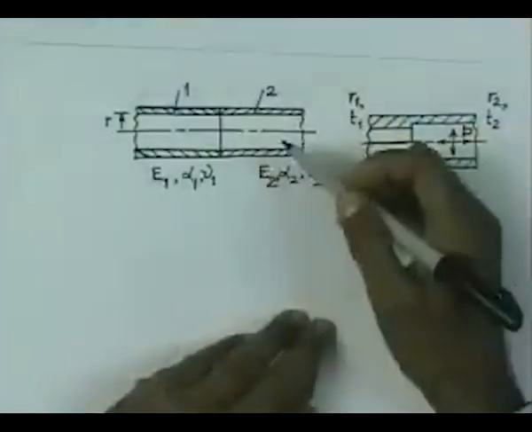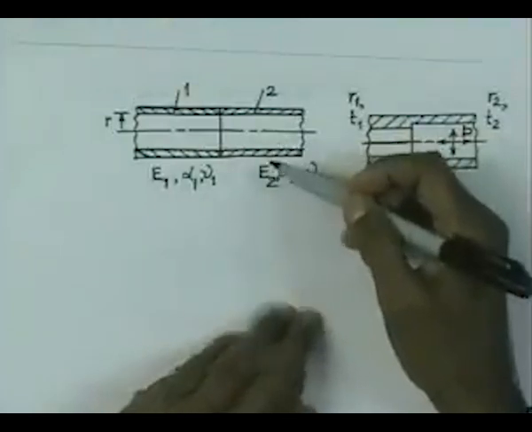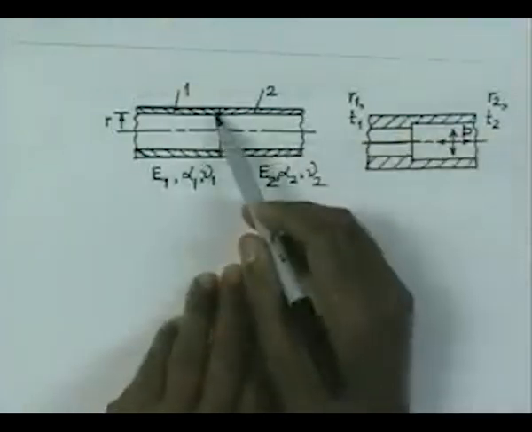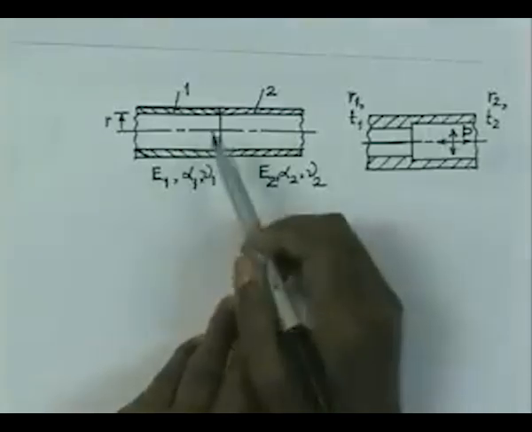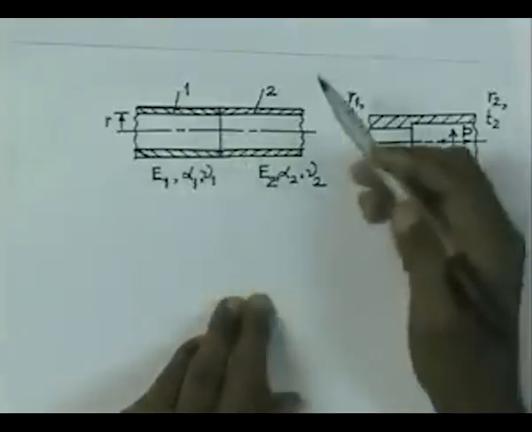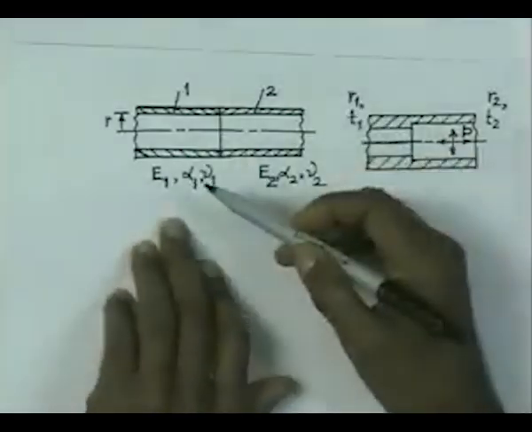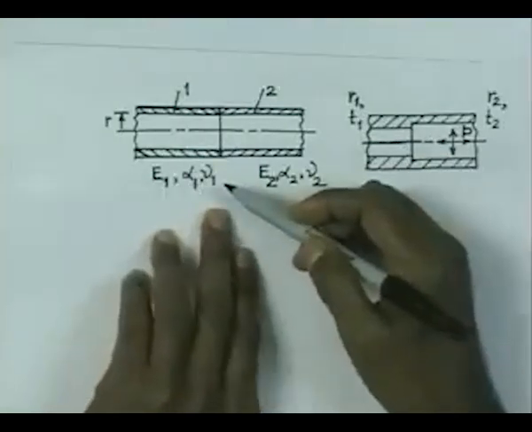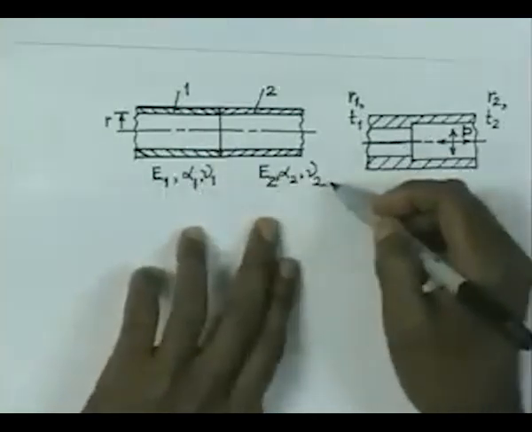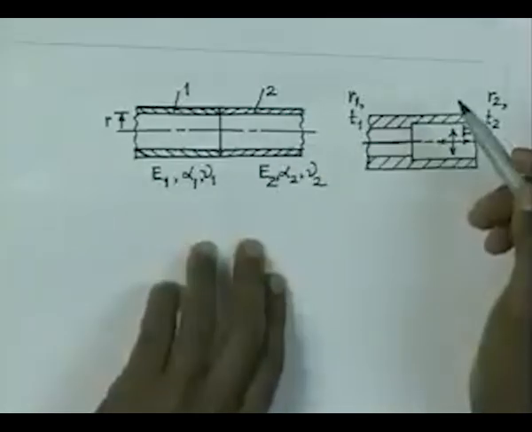Look at this particular application. Herein we have pipe of uniform cross section. The portion on the left is made up of a material whose modulus, coefficient of thermal expansion, Poisson's ratio is different from that of the pipe which is on the right hand side.